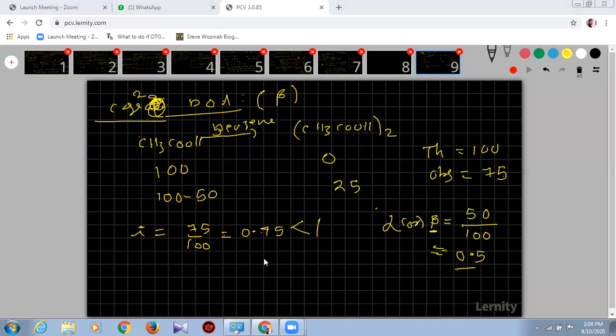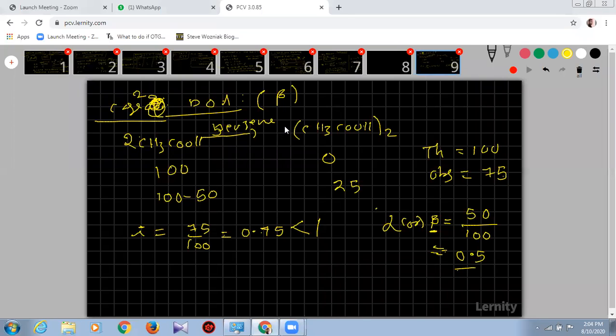Someone is asking, are we considering 50 moles dissociated or 25? Here it is dimerization. Two molecules become one molecule, right? Here two molecules become one molecule.